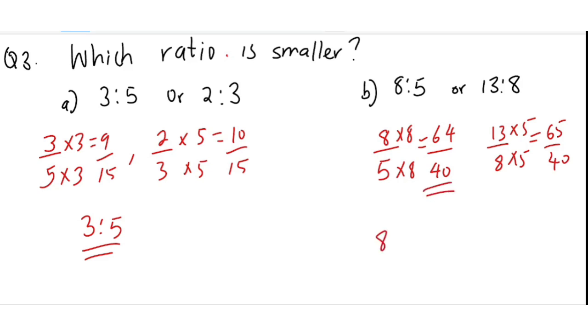So the ratio which is smaller is 8 is to 5. Let's finish up.